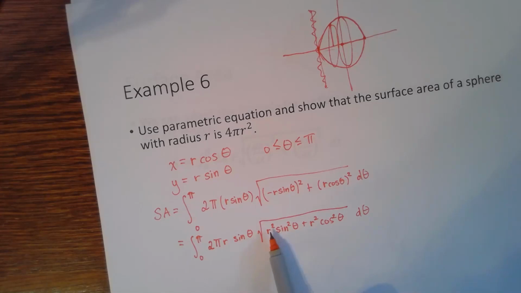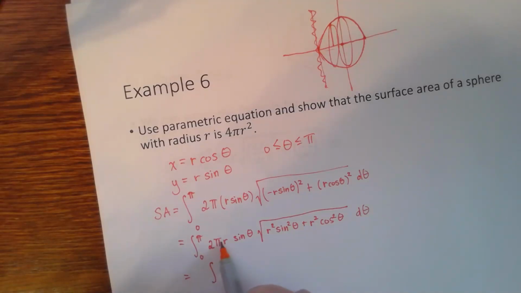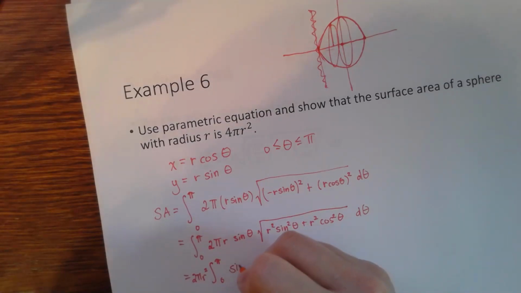If we factor out the r squared, we have r squared times sine squared plus cosine squared, which is 1. So we just end up with the square root of r squared, which is just r. So we're going to pull the 2 pi r squared out, and we're just left with sine of theta.